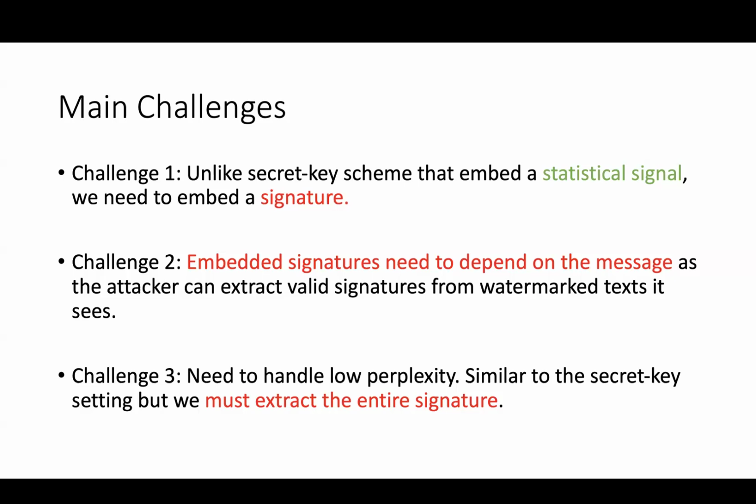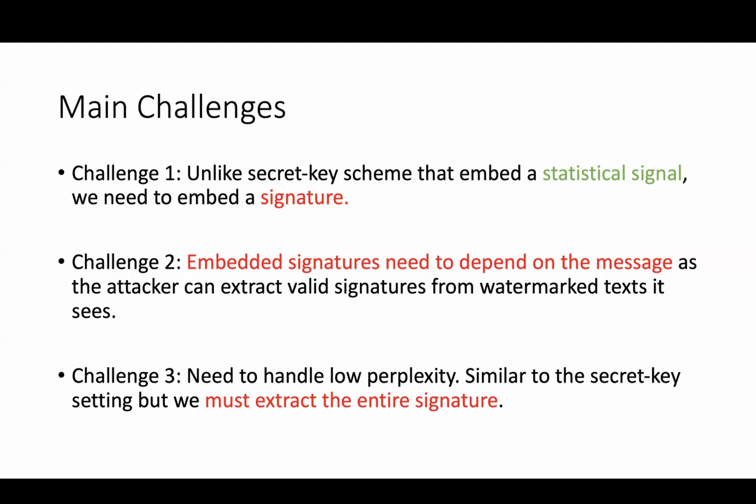The second challenge is, because the watermark is publicly verifiable, you can take a bunch of watermarked text and recover various signatures. As I said, we're going to use signatures to embed the watermark. You can use these watermarked texts to recover some message signature pairs. If you're able to do that, I can then go ahead and plant them in new strings which have nothing to do with an LLM generated output, which would make it easy to generate watermarked text.